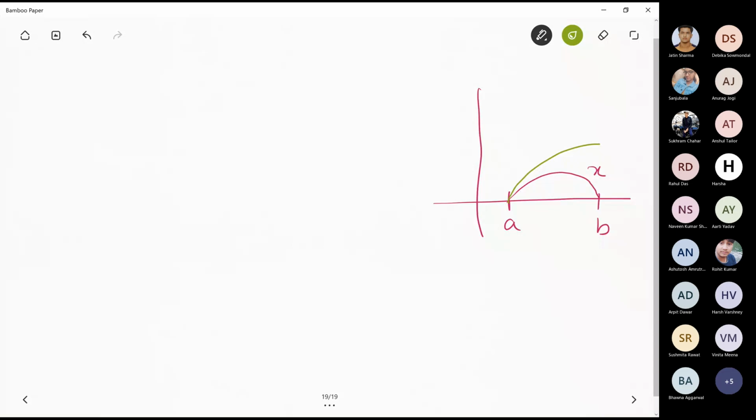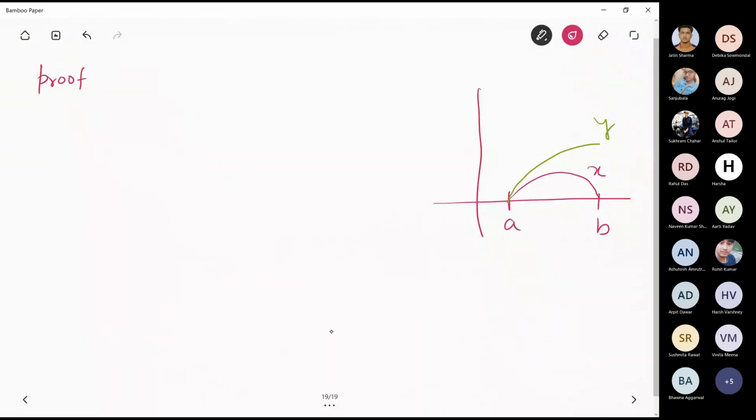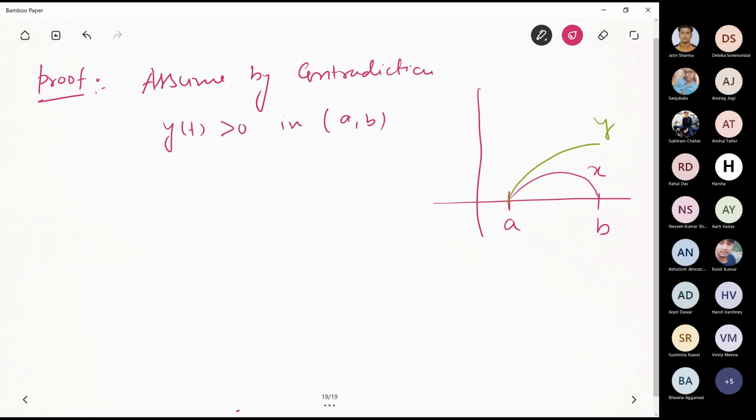Assume by contradiction that this is false. Assume by contradiction, y of t is positive in the interval AB. Also, we know that x of t is positive, without loss of generality.